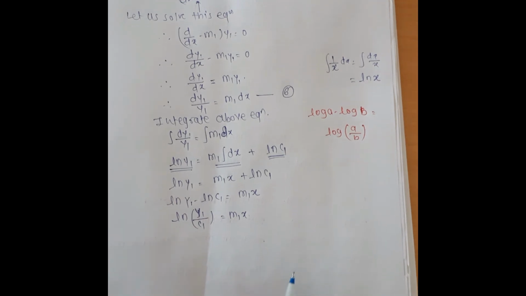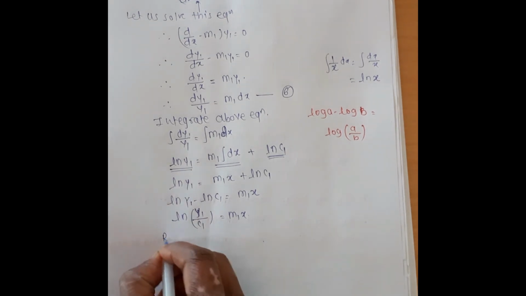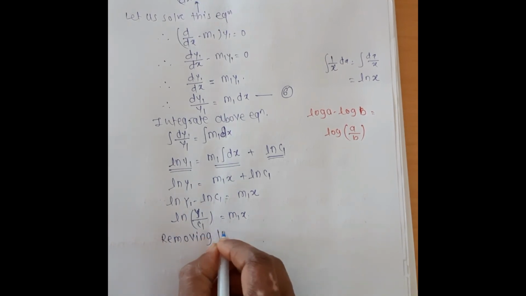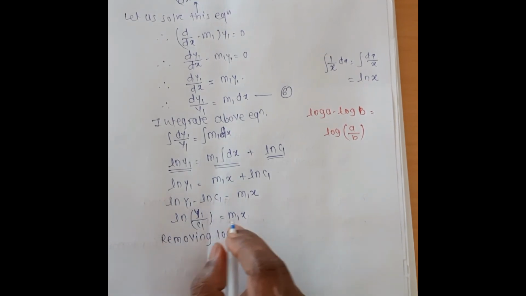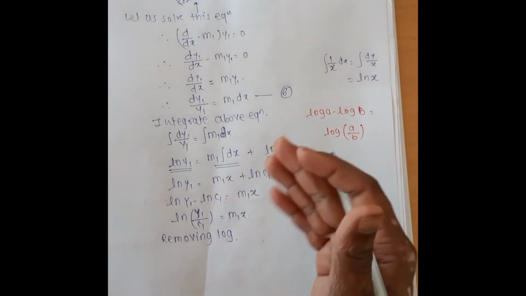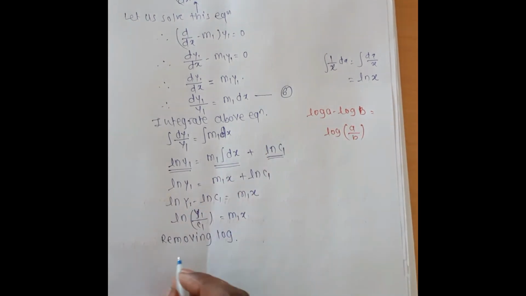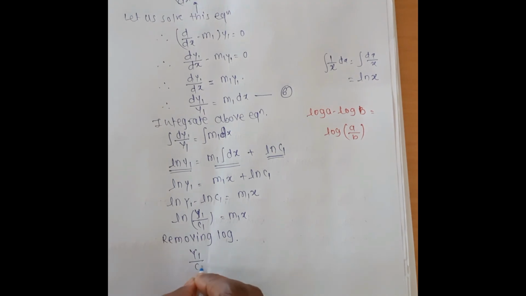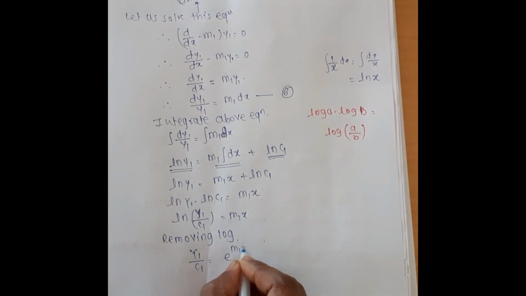Now we remove the log on both sides. If you remove the log, then the opposite side of that equation goes to e raised to something power. So y1 upon c1 is equal to e raised to m1 of x.